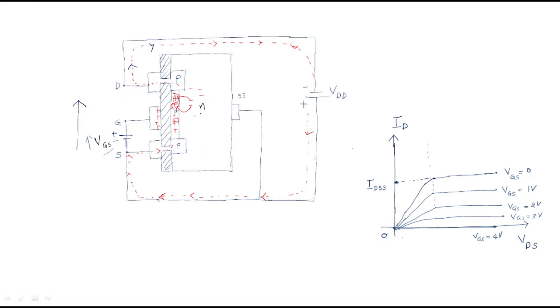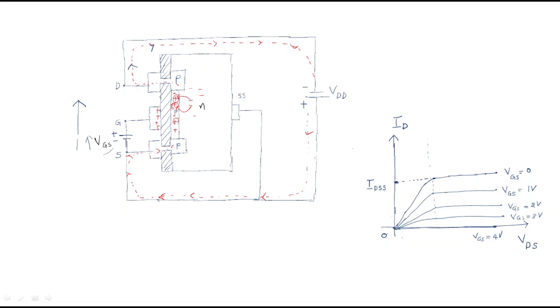This positive voltage attracts more electrons, then the complete holes will be 0. Whenever the holes are 0, there is no holes flow from the source to the drain, so automatically the drain current will become 0.